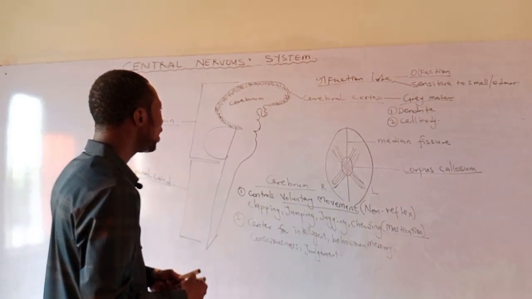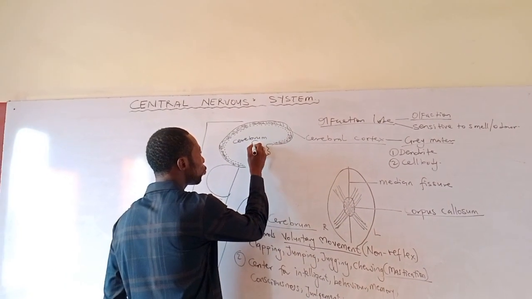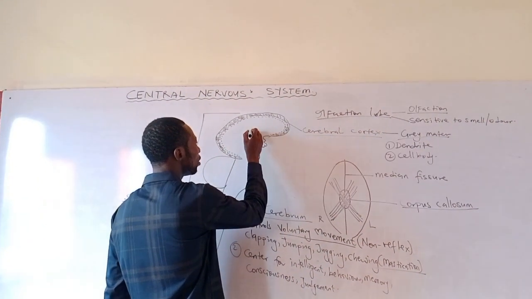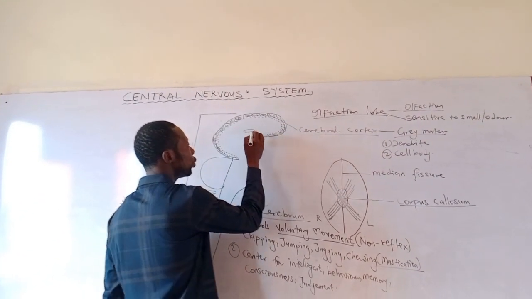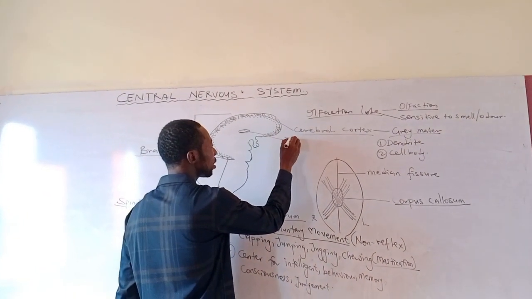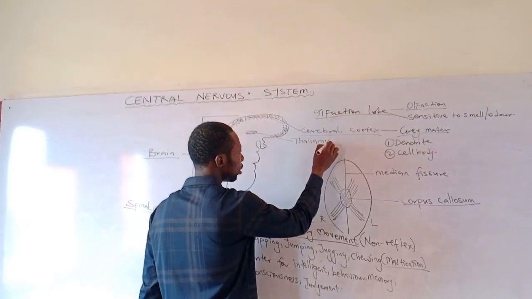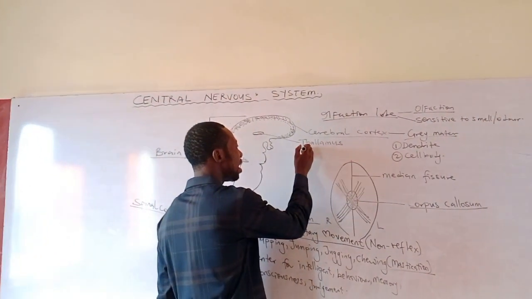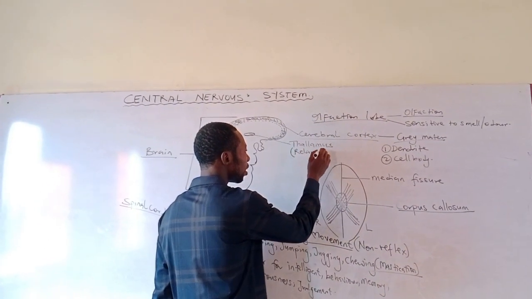Okay. The next function we're going to look at is found at this region. This is the region, and this is the thalamus. The thalamus here is known as a relay center.